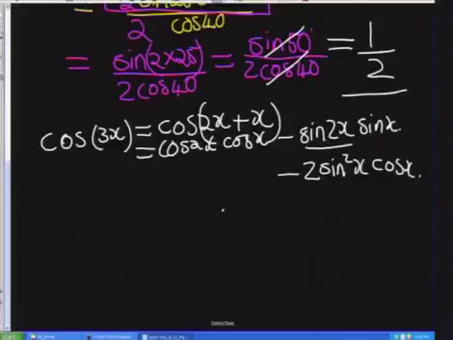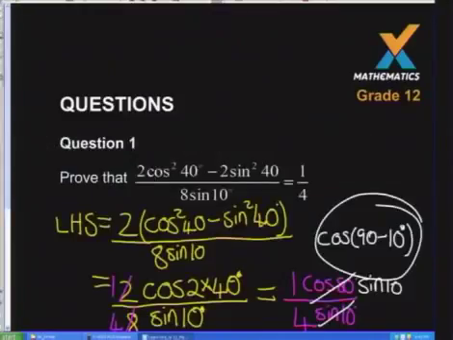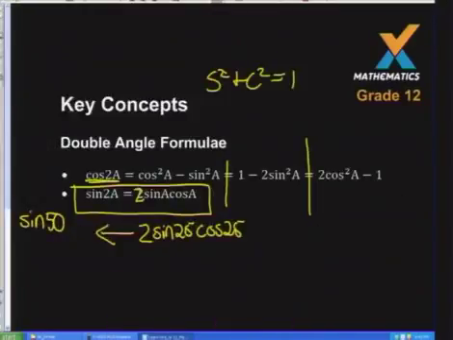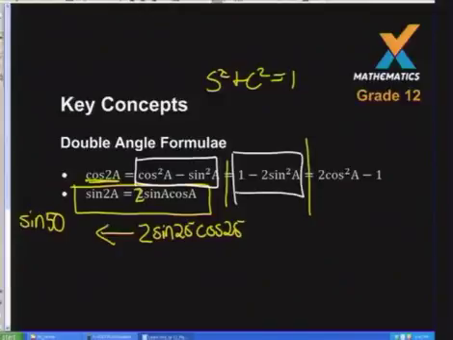Now, very often, we try and look and see if we can't get a highest common factor or something like that to take out. So my advice to you, for the cos 2x, try and see which one of these you think will work the best. You can maybe start with the cos squared minus sine squared, then maybe the 1 minus sine squared, or even the 2 cos squared x minus 1.